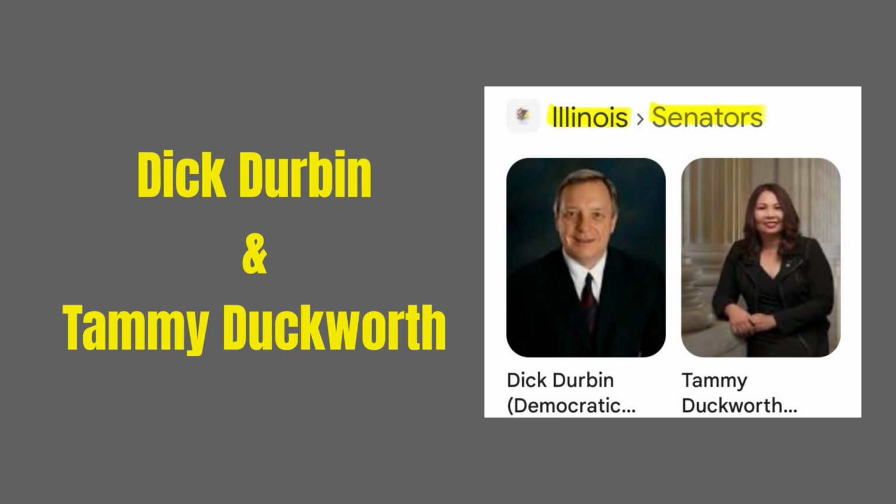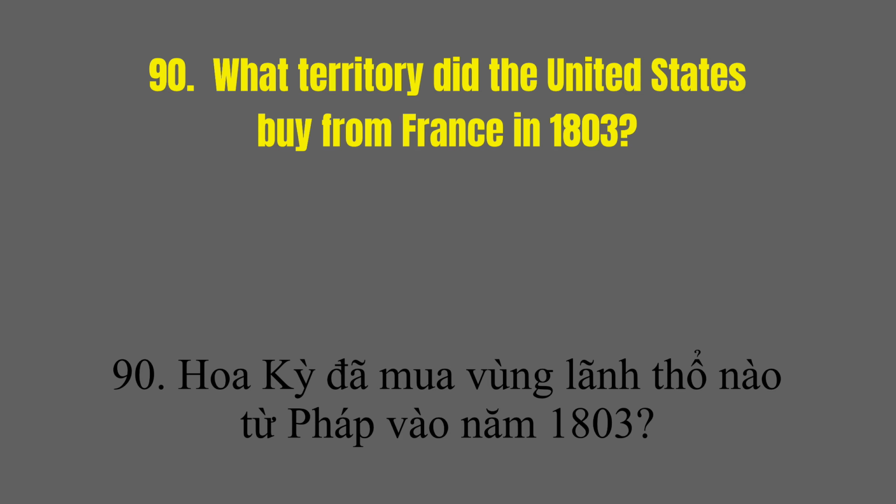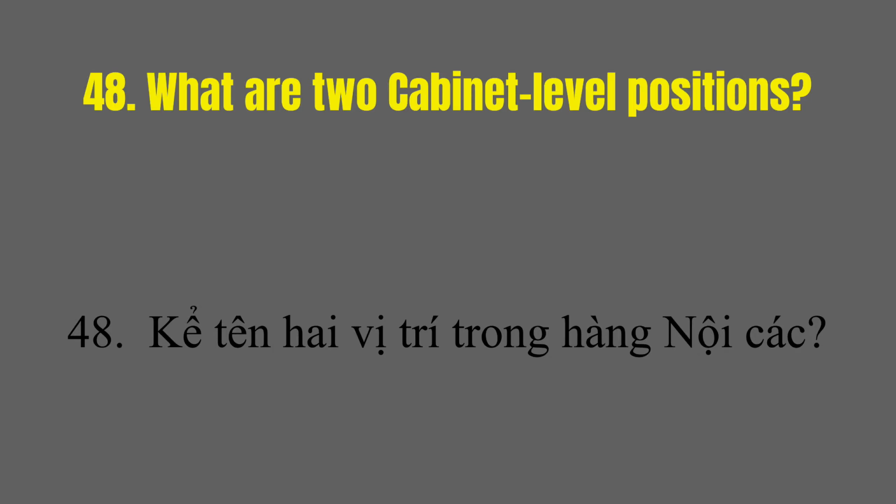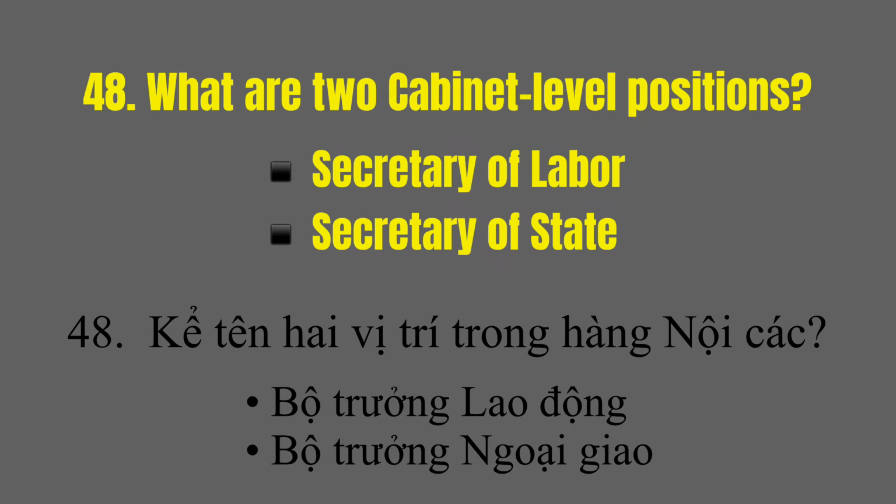What territory did the United States buy from France in 1803? Louisiana. What are two cabinet-level positions? Secretary of Labor. Secretary of State.